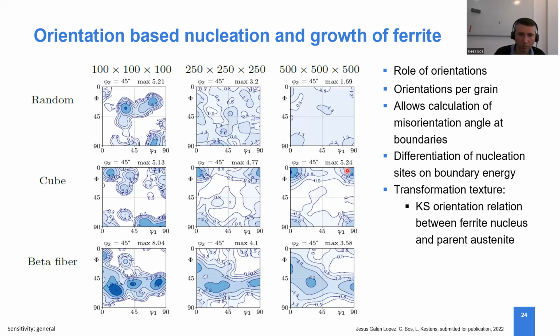And we're not only limited to ferrite as a product phase. If you talk about bainite and martensite, then the orientations are also essential to describe those product phases correctly. So this has been a huge contribution to the CASIPT model.